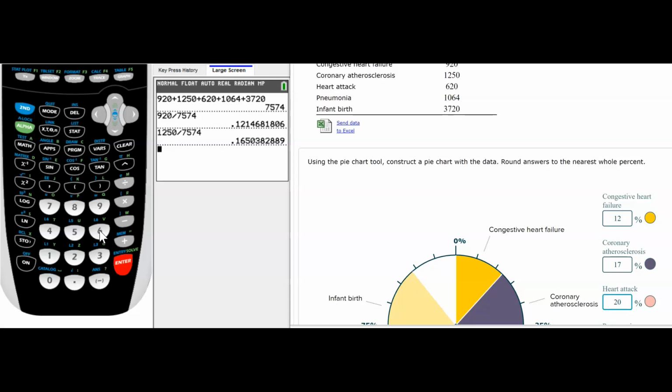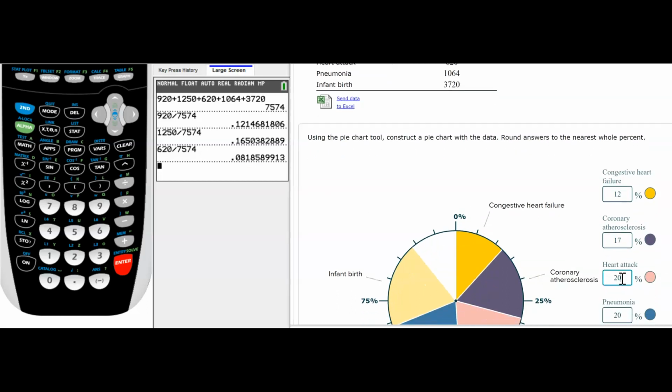Next one is heart attack, so you would say 620 divided by 7,574, and we end up with a little over 8%, but rounded to the nearest whole percent, that would be 8%. And again, the graph adjusts.